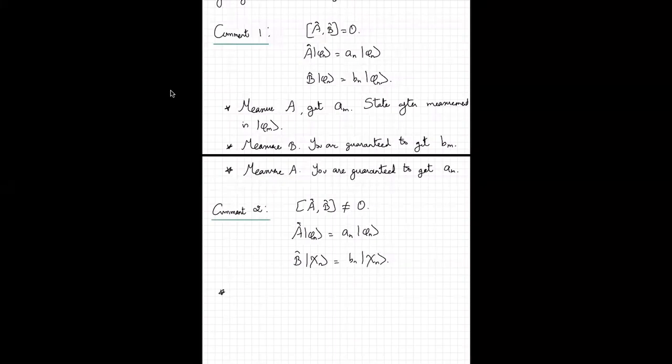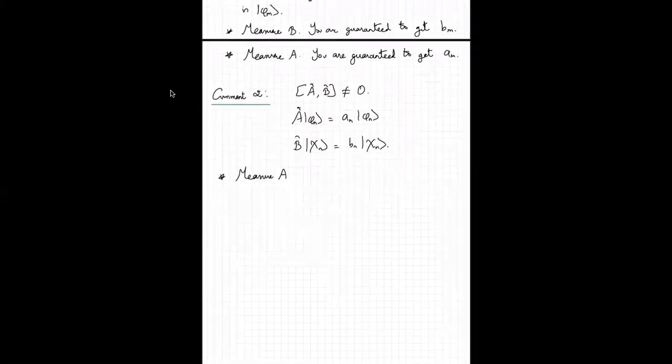Now what happens? Measure A, and you get, let us say, same as before, Am, which means the state after measurement is phi m. Now immediately afterwards you measure B.